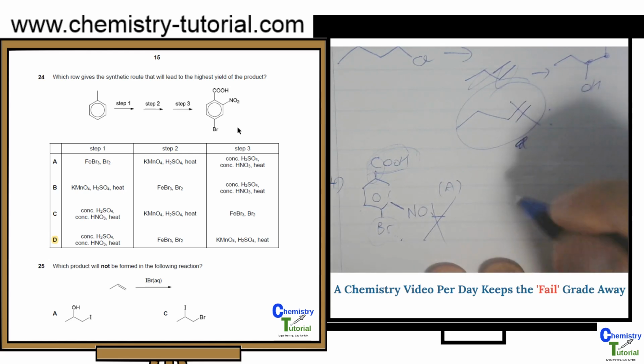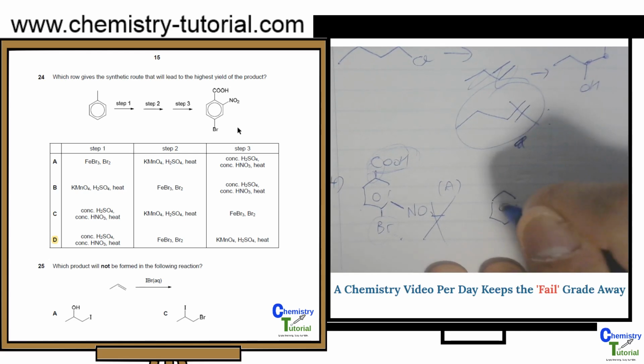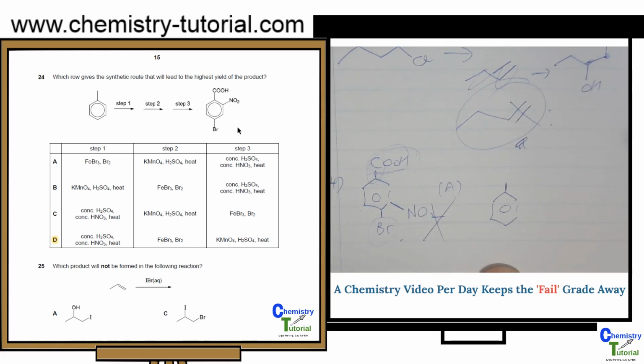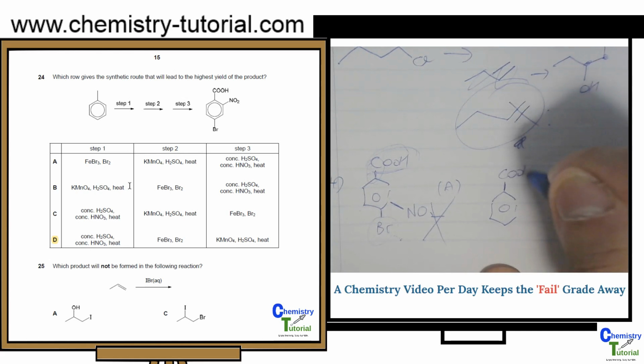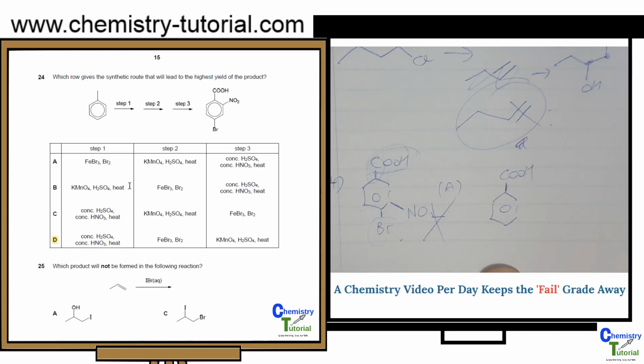Let's look at option B. We start off with a methyl benzene. We perform a KMnO4, H2SO4, right? So we are over here. Okay, so you oxidize it. Then you add your FeBr3 and Br2. This is an electron withdrawing group.